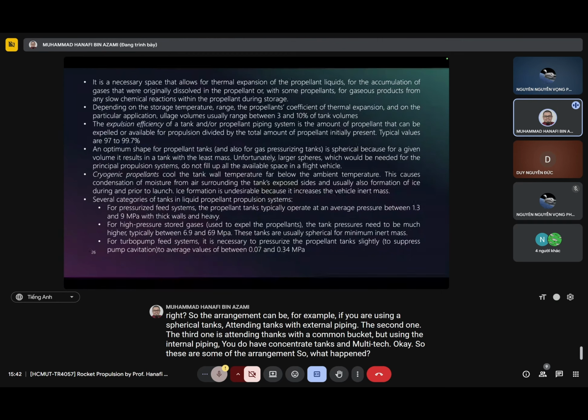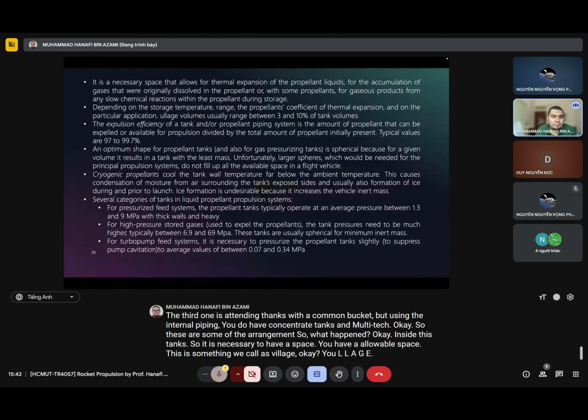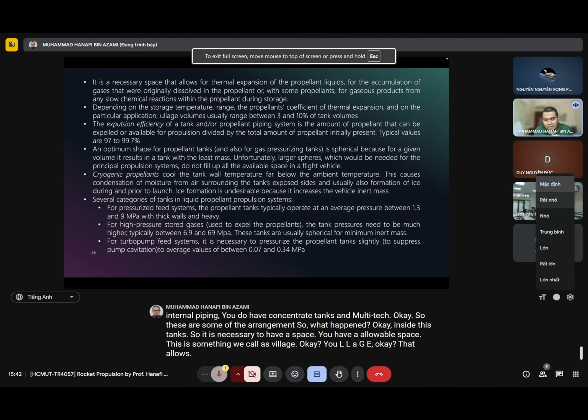So what happens inside these tanks? It is necessary to have an allowable space. This is something we call ullage.